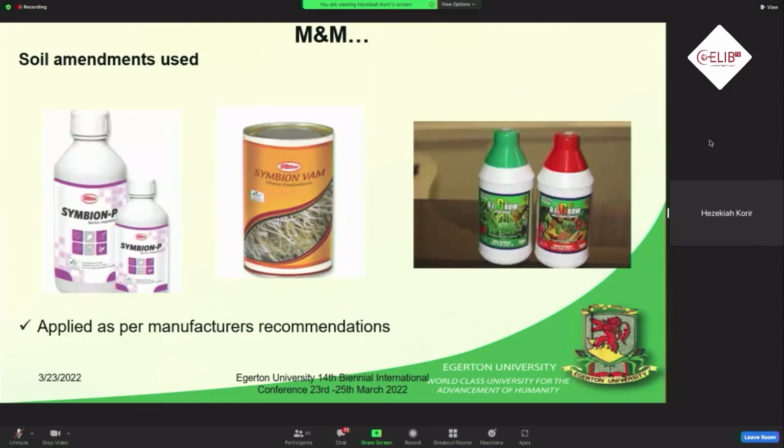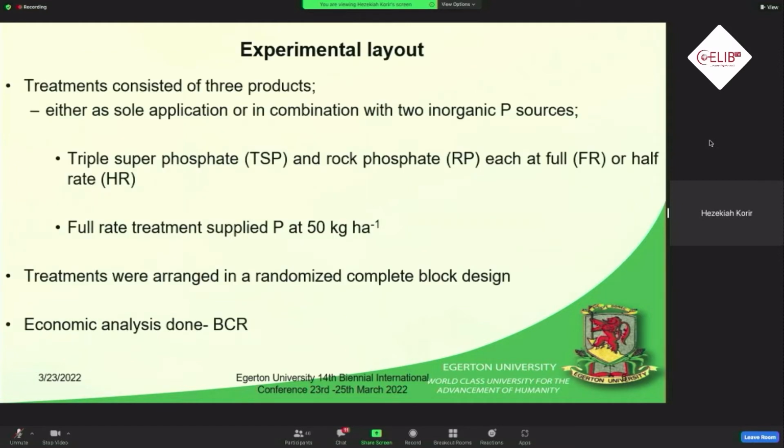So these are the products. We have the Symbion P, which has some phosphate solubilizing organisms. The Symbion Vam is a mycorrhiza organism, and then the Digro is a foliar micronutrient product. These products were applied as per the manufacturer's recommendation on the label.